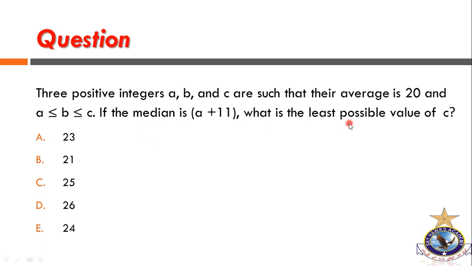The question is a twisted one, twisted around the mean and the median. They are not asking us to calculate them, because both are given. What they are asking is: what is the least possible value of C? Are you getting this problem?